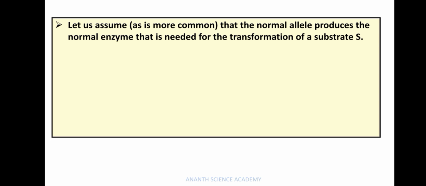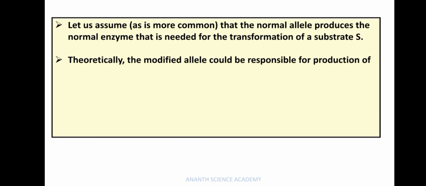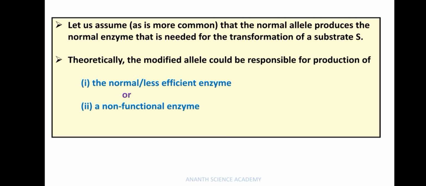Let's assume that the normal allele produces the normal enzyme that is needed for the transformation of a substrate S. Theoretically, the modified allele could be responsible for the production of the normal or less efficient enzyme, or otherwise, a non-functional enzyme it may produce, or no enzyme at all.